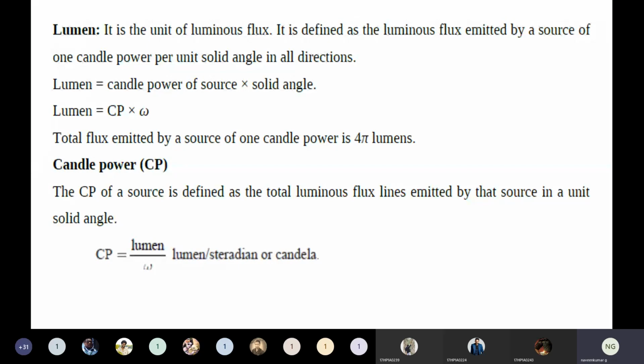The formula for lumen is candle power of the source multiplied by solid angle, Cp into omega. The total flux emitted by a source of 1 candle power is 4 pi lumens. This is a standard value.